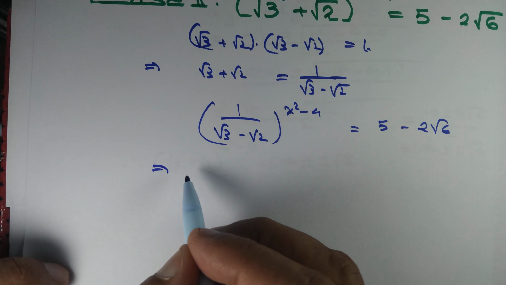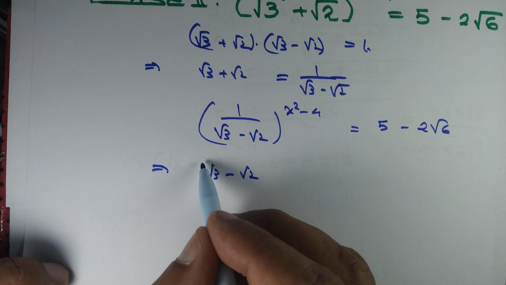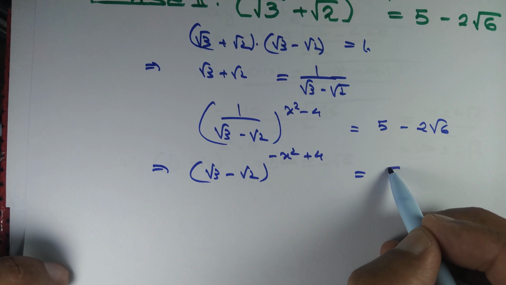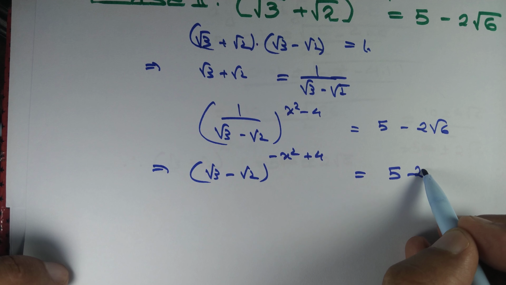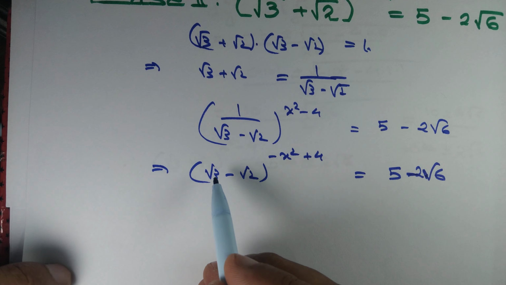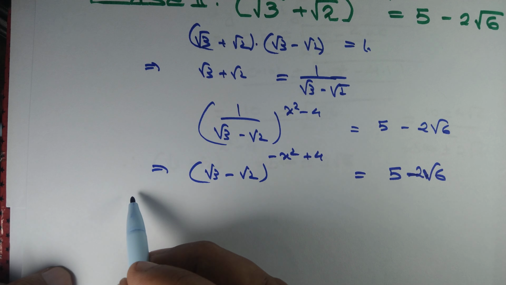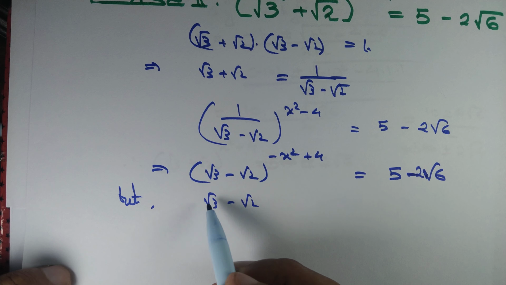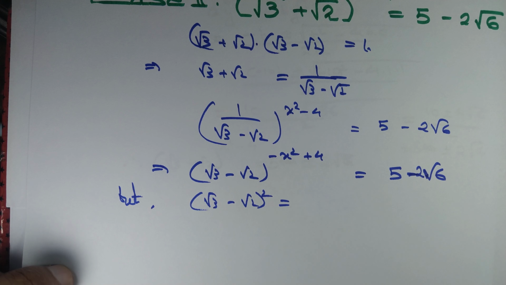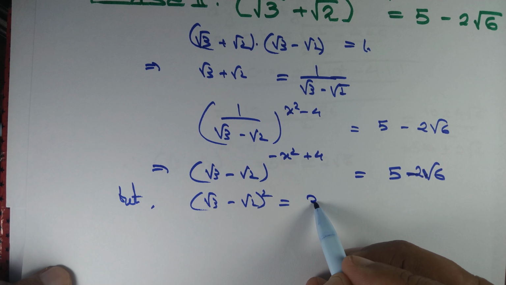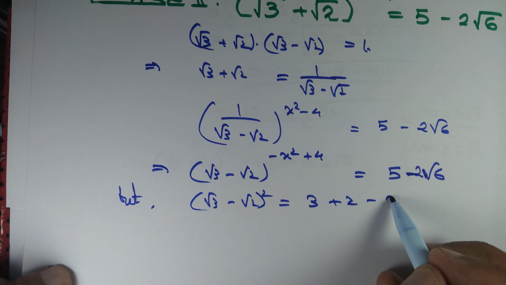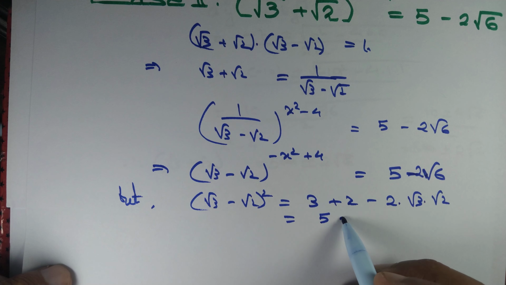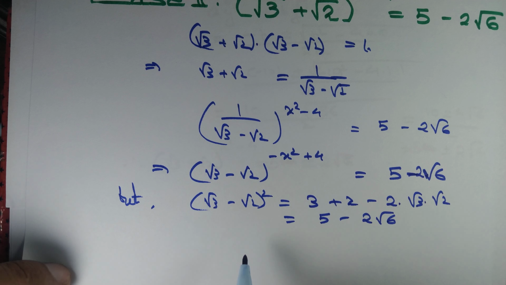That gives us (root 3 minus root 2) to the power minus x square plus 4 equal to 5 minus 2 root 6. Now we see that if we find root 3 minus root 2 whole thing square, once again as we have done earlier, root 3 square is 3, root 2 square is 2, minus 2 into root 3 into root 2. That's equal to 5 minus 2 root 6.